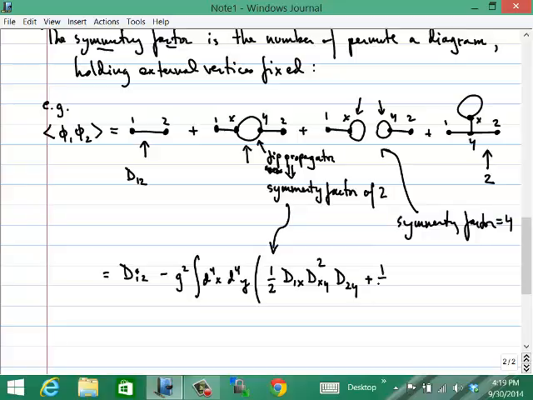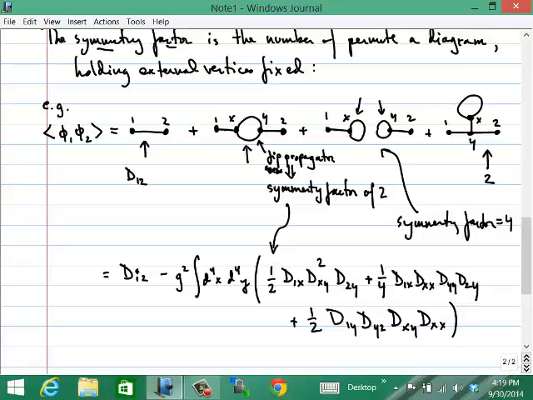That second term has a 1/4 because the symmetry factor was 4, because there's 4 independent permutations of that diagram holding the external vertices fixed. And then you get a d1x, a dxx, and a dyy, d2y. And that third diagram is a 1/2 coming from that symmetry factor times a d1y, a dy2, dxy, dxx. Okay. So we have a total sum of 3 different terms, each of which has 4 propagators and 2 internal points that are integrated over.